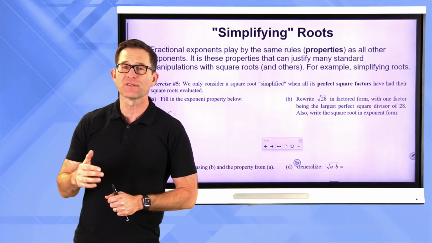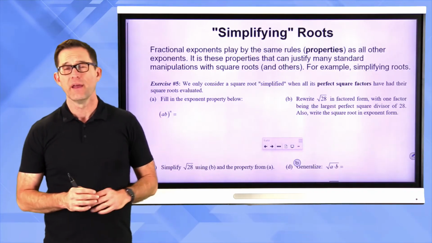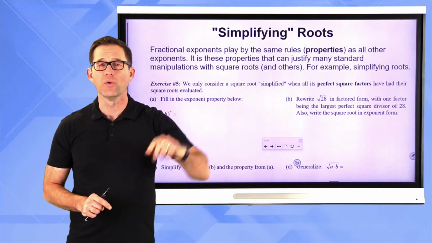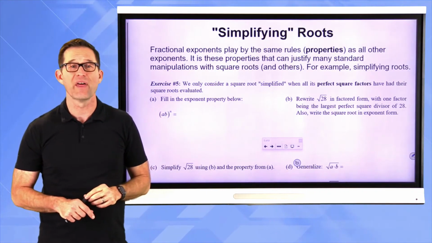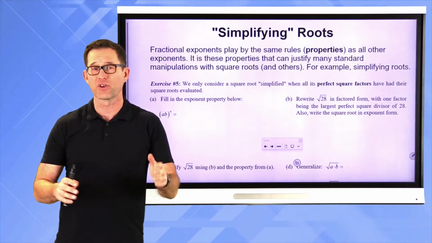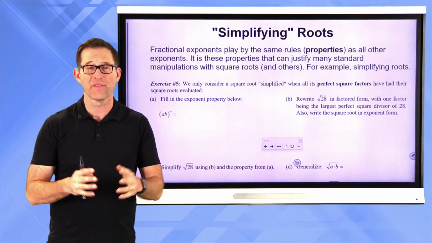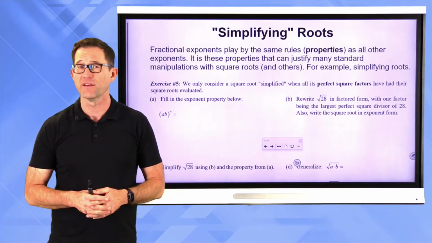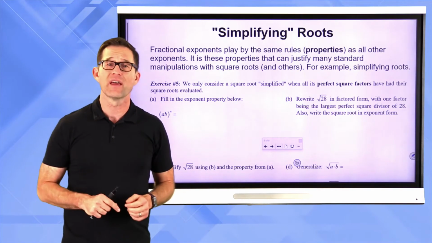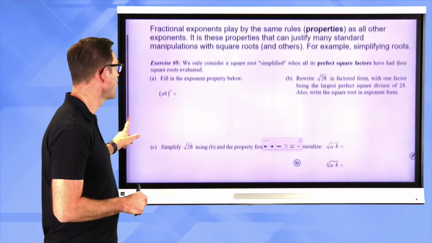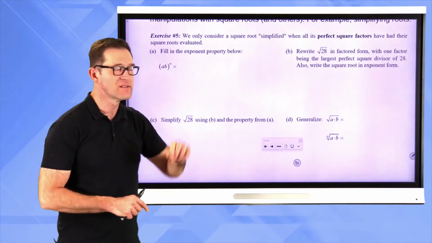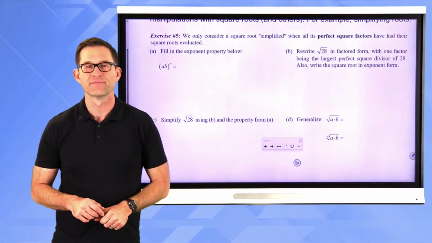Now, you saw simplifying roots back in Algebra 1, and I put simplifying in quotes because I don't truly believe that a square root is simplified or a cubed root is simplified when we do this. But it is a skill that they want you to know in general in the standards. So we're going to take a look at it and try to understand why we can do what we're going to do. So let's take a look at exercise number 5.